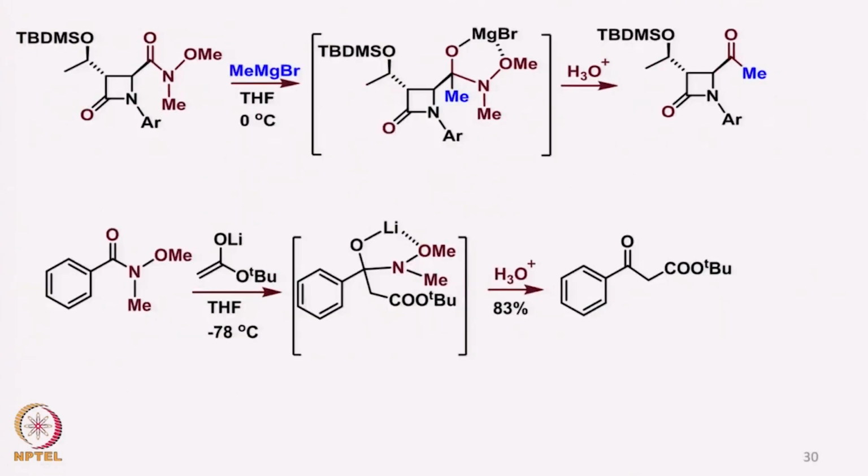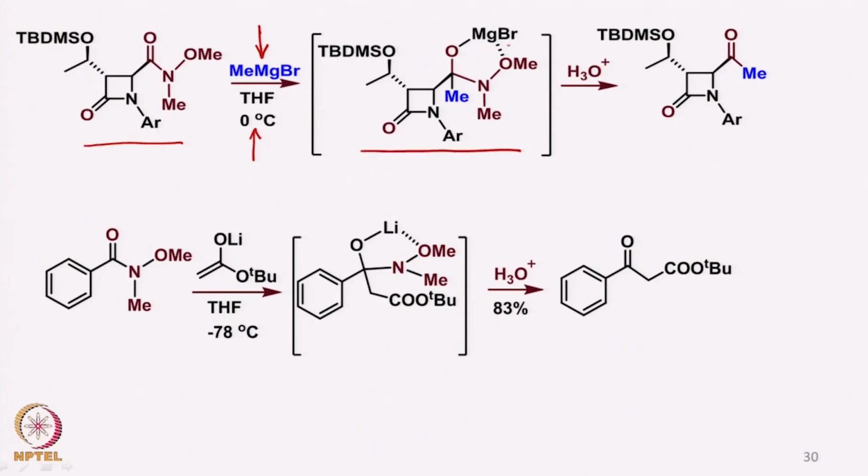An example which is a little bit more complicated is shown here. If we have a Weinreb amide of this kind, to which methyl magnesium bromide is added at 0 degrees in THF, we go through this particular intermediate.